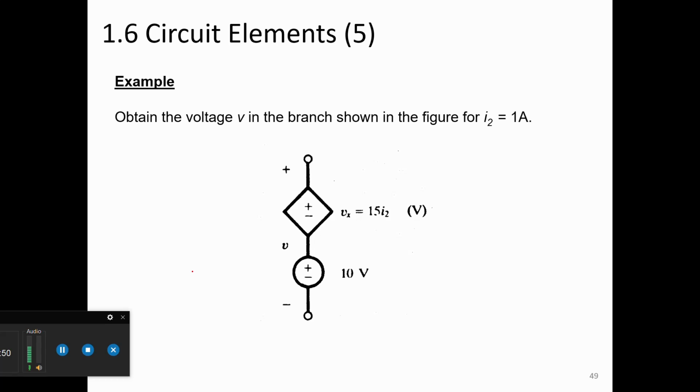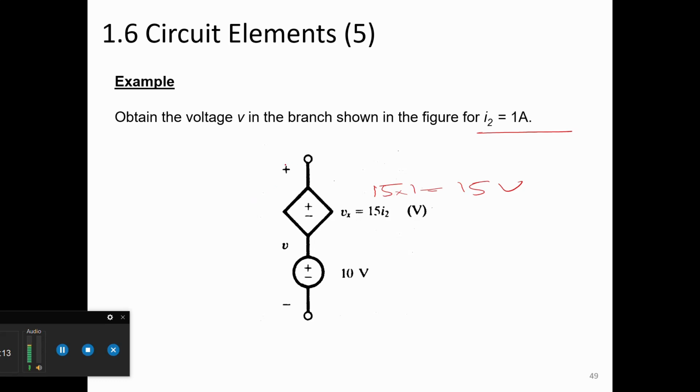Obtain the voltage V in the branch shown for I2 equal to 1 ampere. So let's say this I2 is equal to 1 ampere. Then this Vx will be 15 times 1, which becomes 15 volts. And then we have 10 volts.